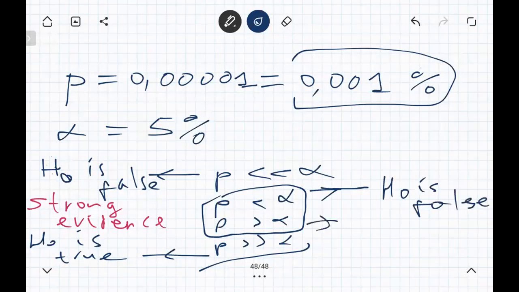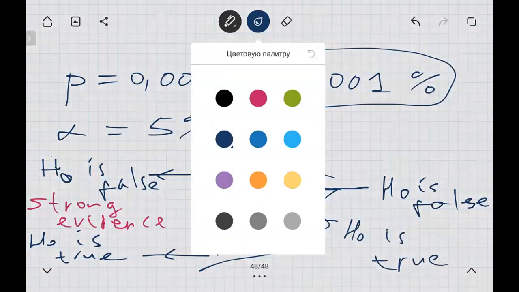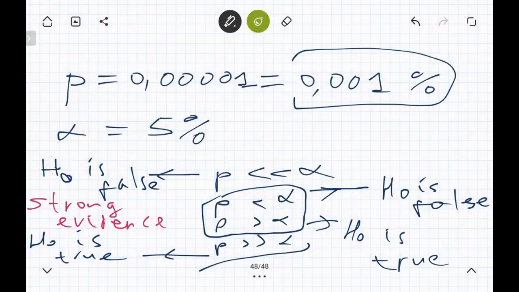And the second one is evidence that null hypothesis is true. But in these cases, it's weak evidence. It's not very strong evidence. Yeah, okay, you can decide that H0 is false, but you can't be very sure about it. The chance of you making a mistake is very high.